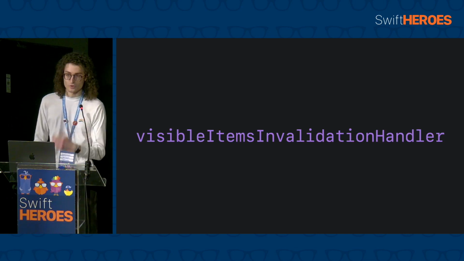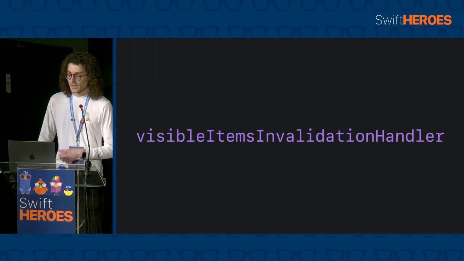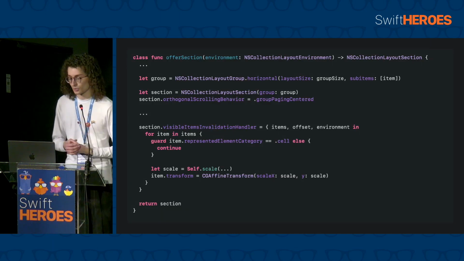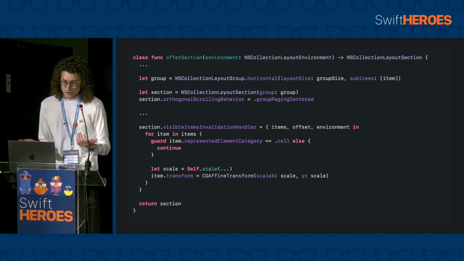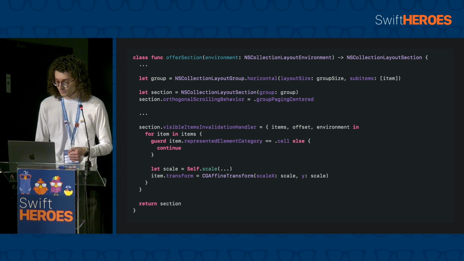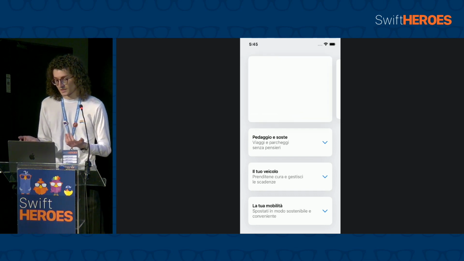But thankfully, Apple thought of that and introduced the visible items invalidation handler. And that's a closure where we get the visible items and the content offset of the scroll view. So we can get the scale factor that is computed depending on the offset, and then apply the transform to our cells. So finally, when we're scrolling, we get the scaling behavior.